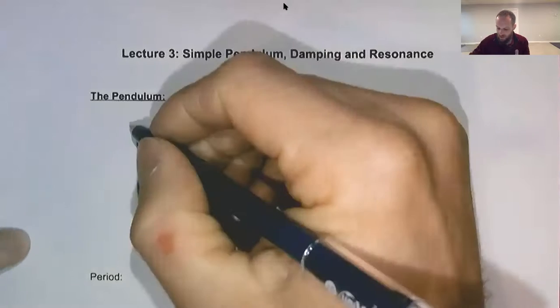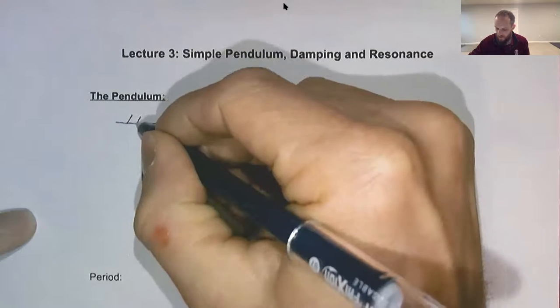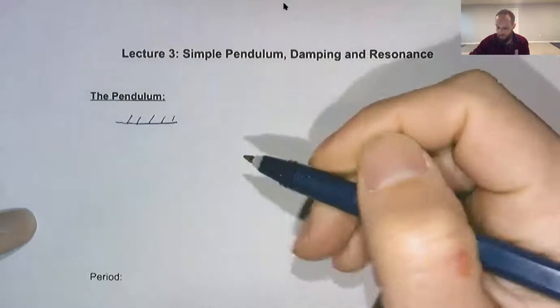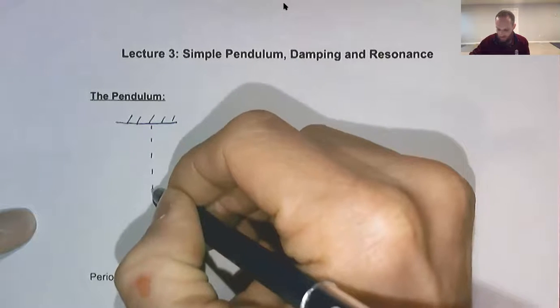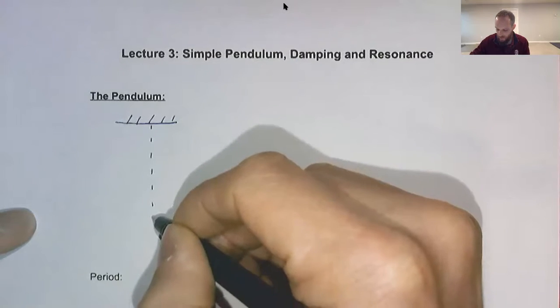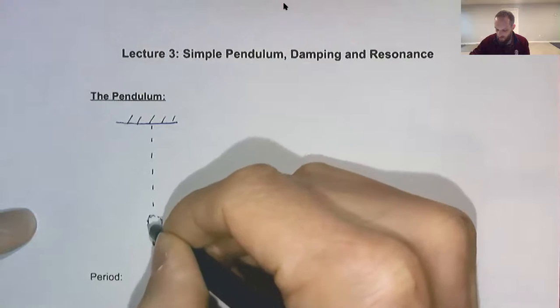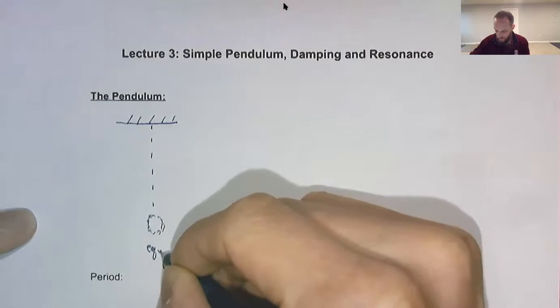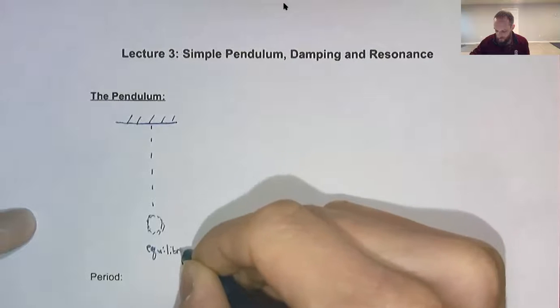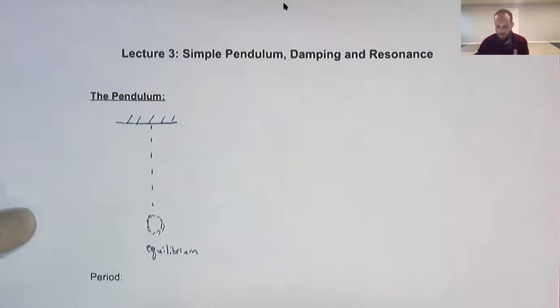So the pendulum, let's begin by drawing a picture of the pendulum. So we got someplace to anchor it, say the ceiling, and we draw a dotted line right here. The pendulum also has an equilibrium position. Let's draw an imaginary spot for my pendulum here. This is just like the spring mass system, the place where it will stay at rest if you leave it there.